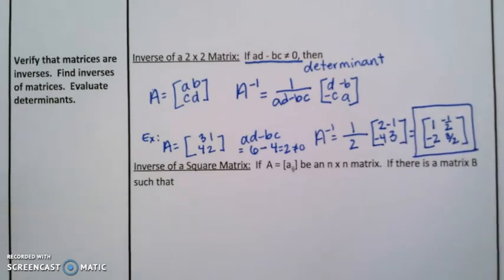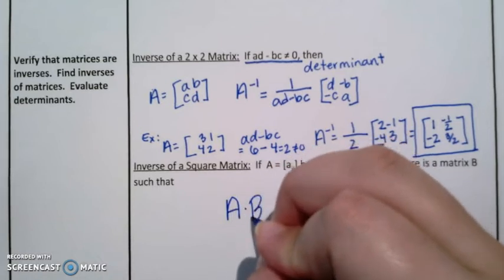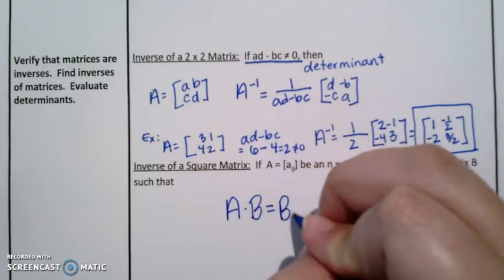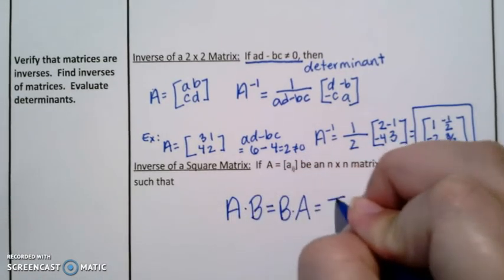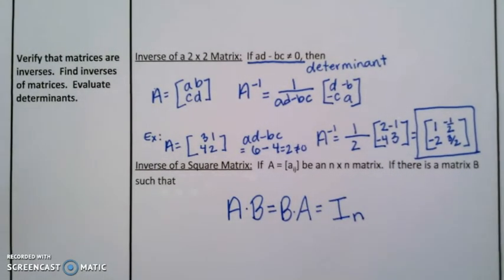Okay, now only square matrices have determinants and only square matrices have inverses. In general, the role of an inverse matrix is that A times B equals B times A equals the identity matrix. Okay, this is another of those rare cases where the multiplication of the matrices does commute.